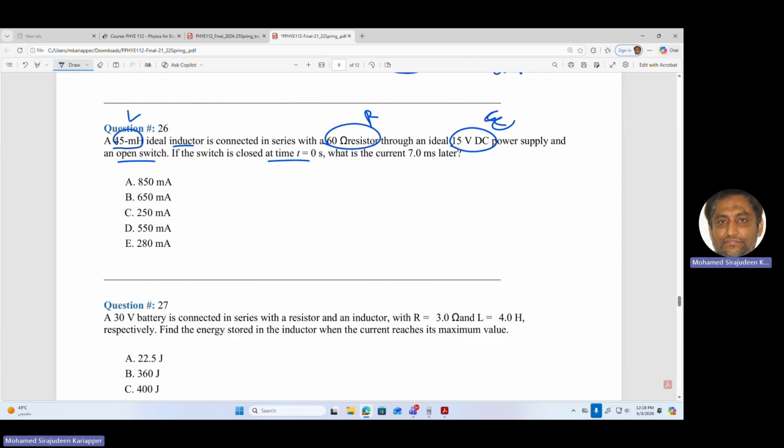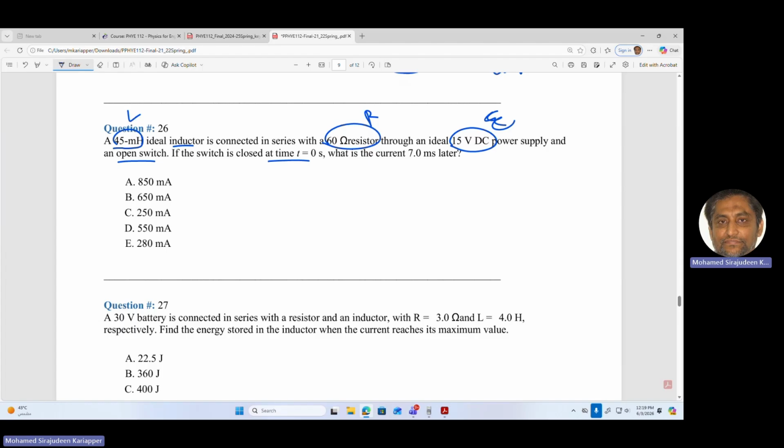It's an RL circuit. An RL circuit, like the RC circuit, has a time constant and equations for the current through the circuit. Again, you go to the formula sheet, and there is a version for whether it is closing or opening. The switch is closed at time t equal to 0. What is the current 7 milliseconds later?